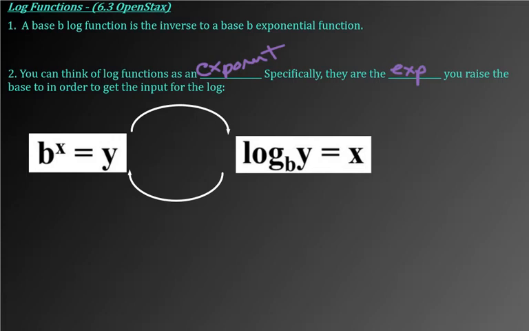This is just a diagram of how you could think of this. So if b to the x is y, okay, that's your exponential function. Then over in your inverse world here, the exponent up there is the log base b of y, right? So you can do all sorts of things. Here's another one.